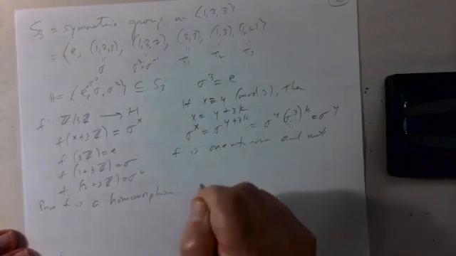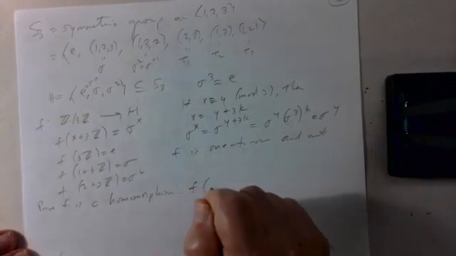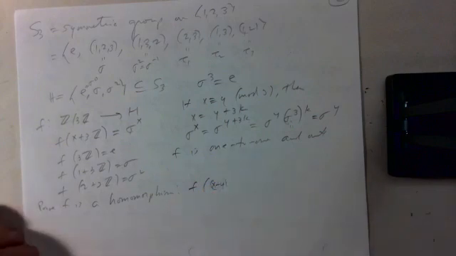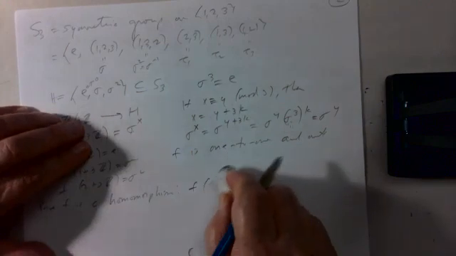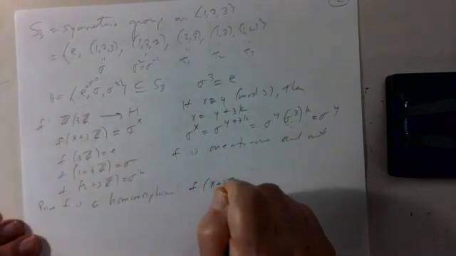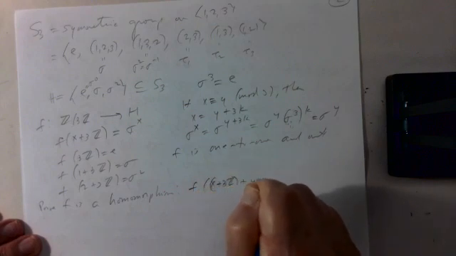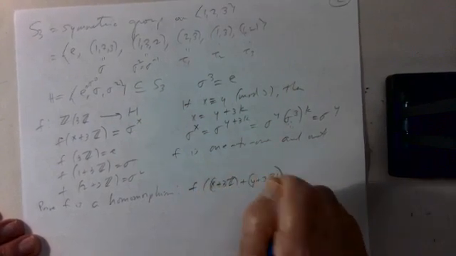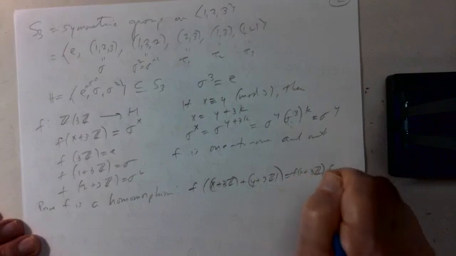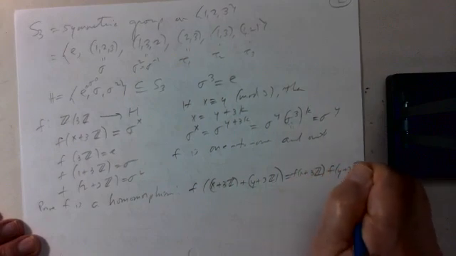So what does that mean? It means that if I take f of the sum of two congruence classes, x plus 3Z plus y plus 3Z, that's f of x plus 3Z times f of y plus 3Z.